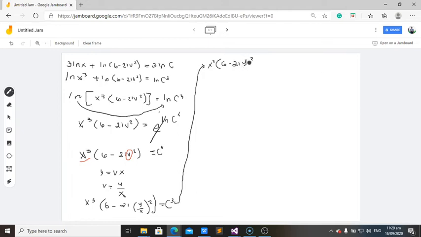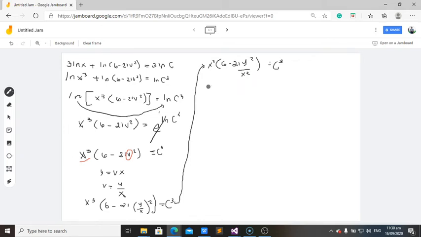Minus 21 x squared, y squared, sorry. 21y squared over x squared, diba? So, y squared over x squared times 21. Tapos, equals c cubed. Then, we could distribute the x cubed to this side.